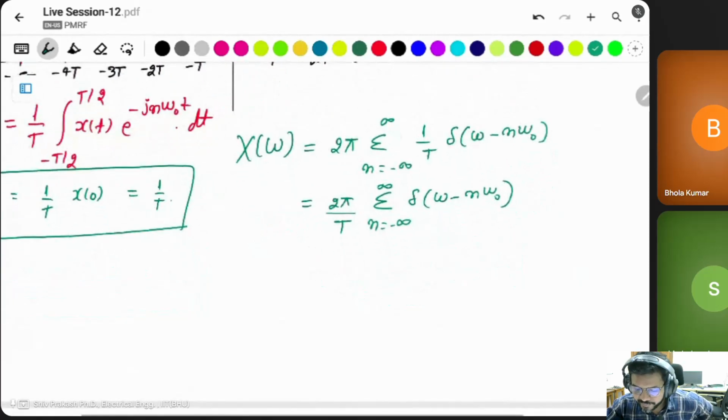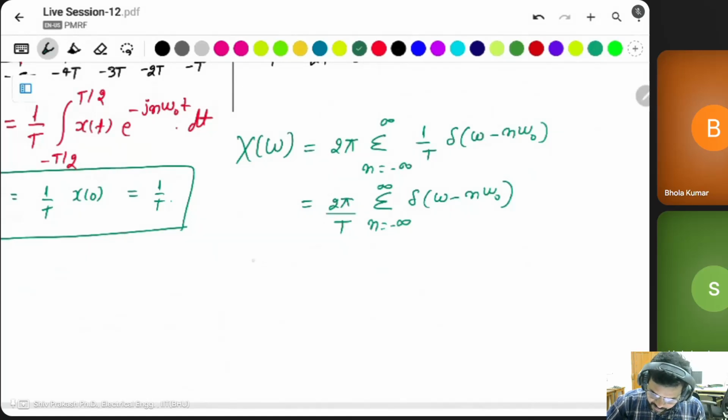It means the difference between the two functions x(t) and this one is 2 pi by T only. Here in omega naught the function is 1, 2 in place of T. Remaining all of the things are the same.